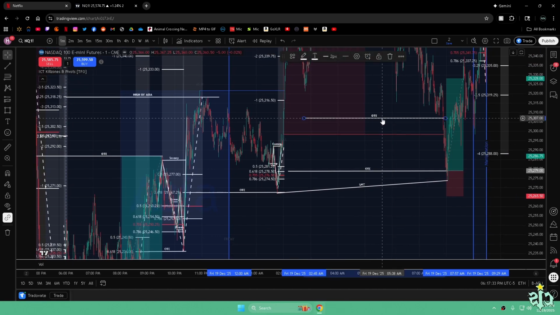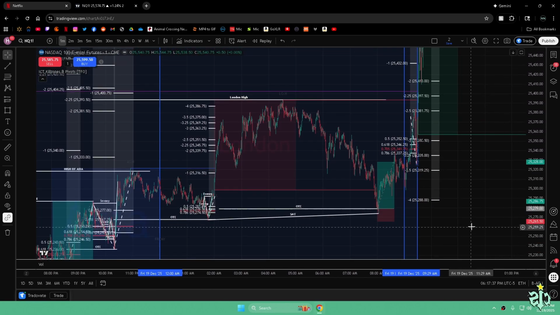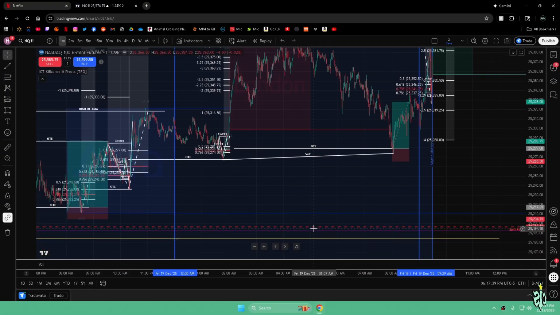Anyways, basically, if you're gonna do the fib method, you don't have to worry about anything. You don't have to worry about fair value gaps. All you gotta know is where liquidity is resting, where imbalance of the ranges are, what ranges are. You need to know what time, and you need to know about manipulation. Right? Now, when you're trading ICT, you should already know about all of these.